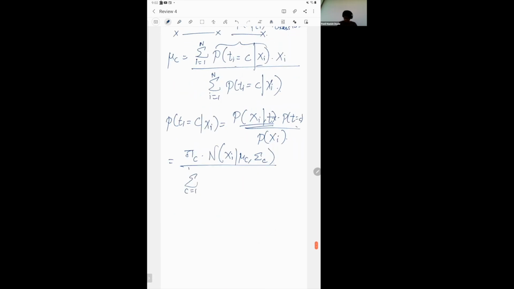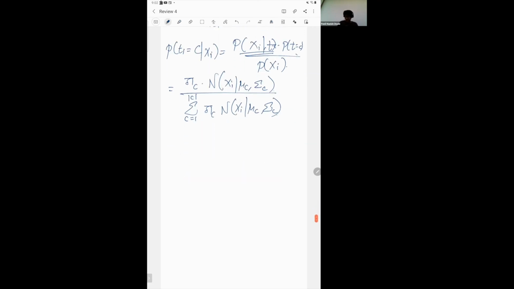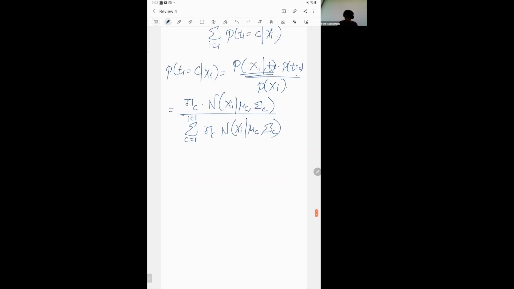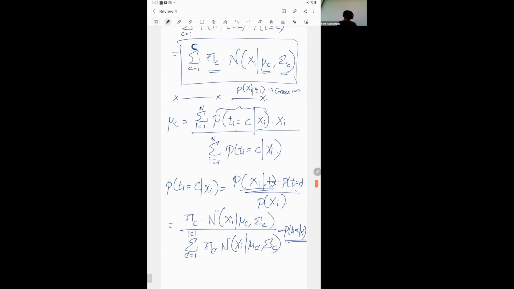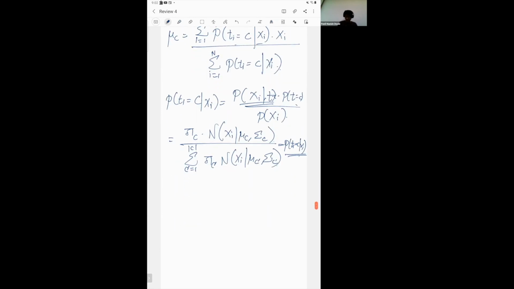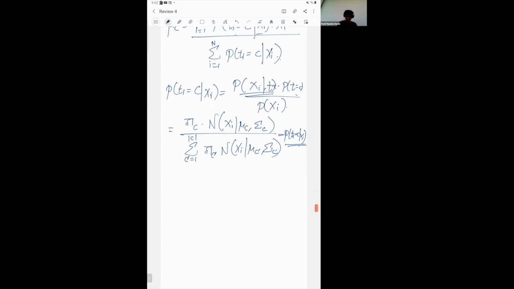This is the summation over all of our classes, and this c and these c's are different, so let's say this is c dash. And this is basically the posterior: given xi, the latent variable that the data point came from.